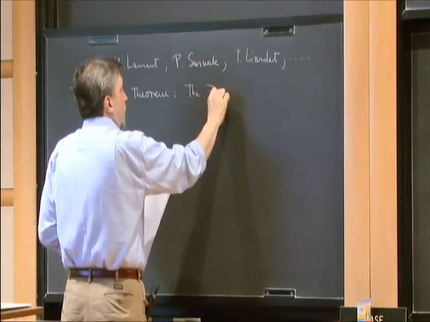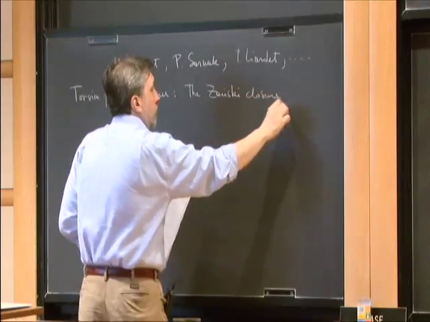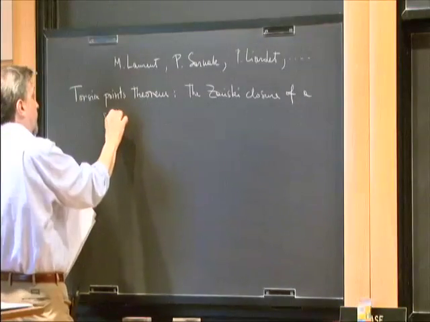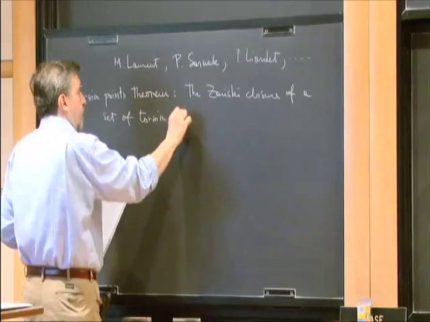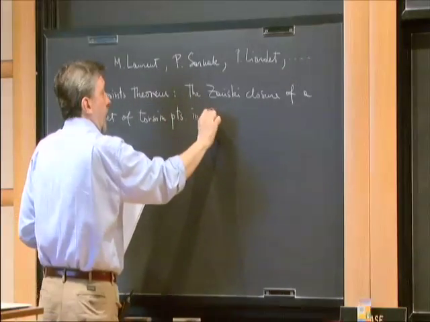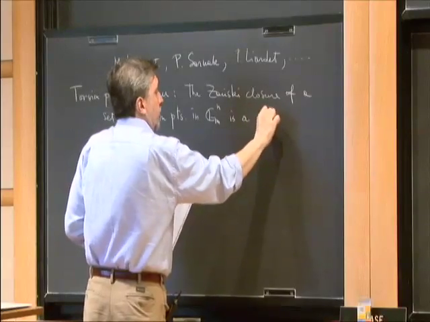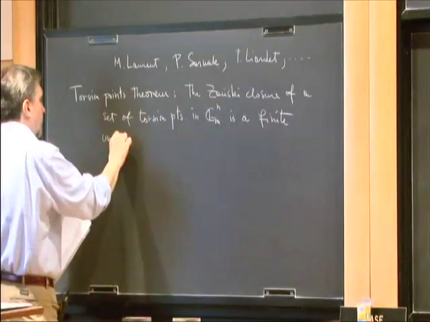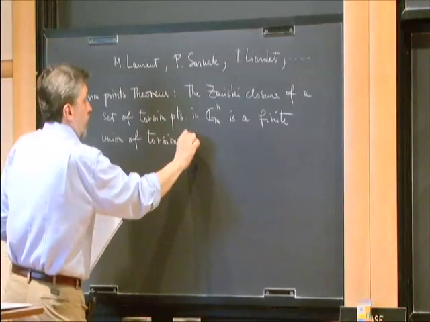The Zariski closure of a set of torsion points in G_m^n is a finite union of torsion cosets.